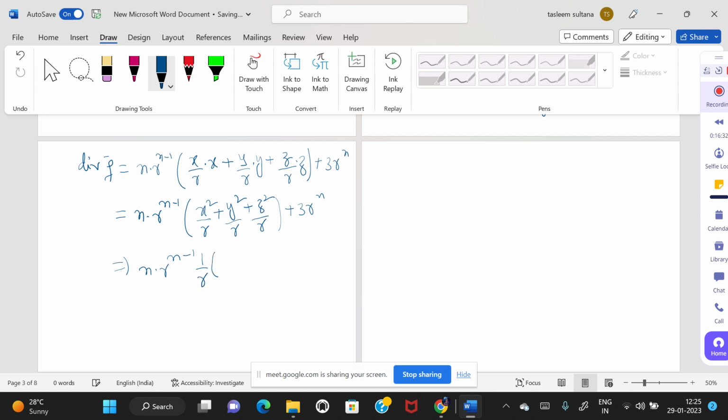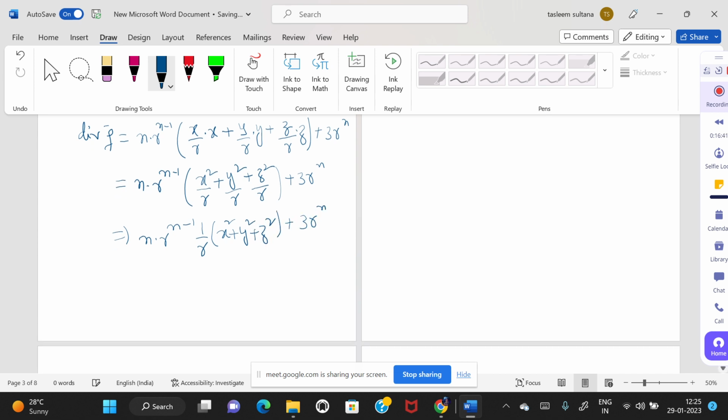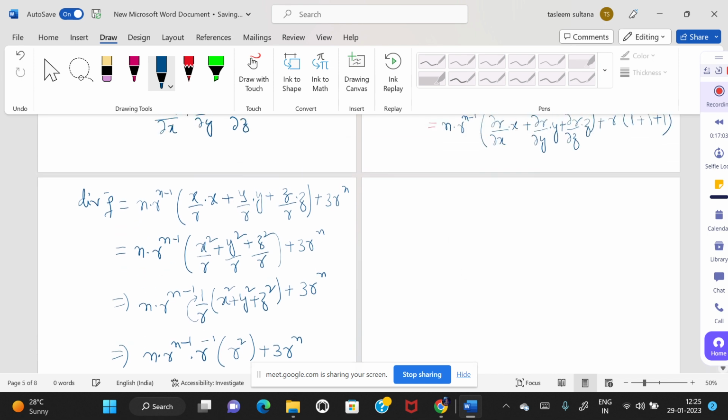Which equals n into r to the power of n minus 1, and 1 by r completely I will take common: x square plus y square plus z square, then plus 3 r to the power of n. Taking the 1 by r up, it becomes r to the power of minus 1. So n into r to the power of n minus 1 into r to the power of minus 1, and x square plus y square plus z square is r square, plus 3 r to the power of n.